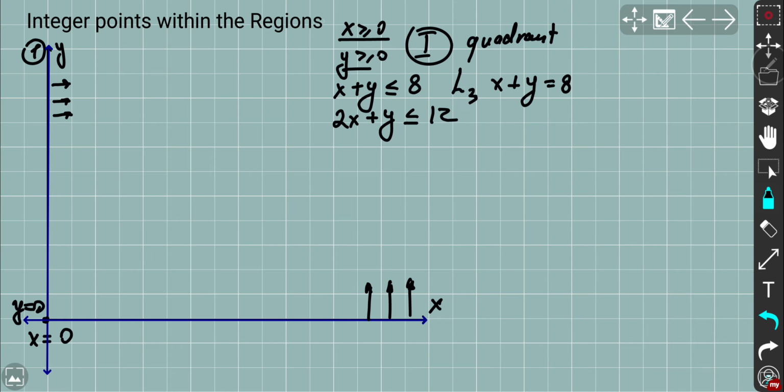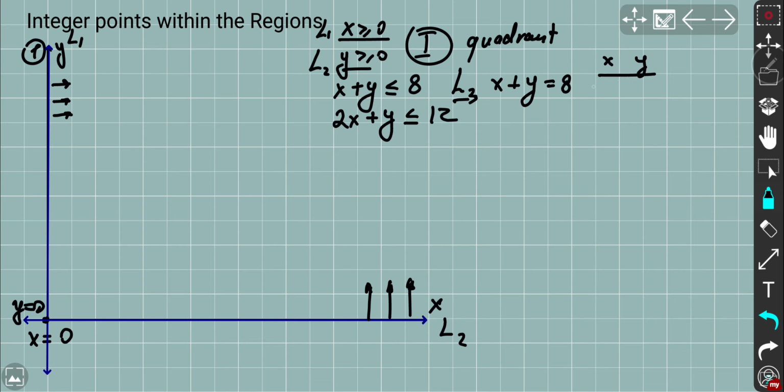Now in this case line 3, so we set up line 1 and line 2. So that's basically line 2, that's line 1, and now we're having to deal with line 3, x plus y equals 8. So I can set up this table of values for x and y.